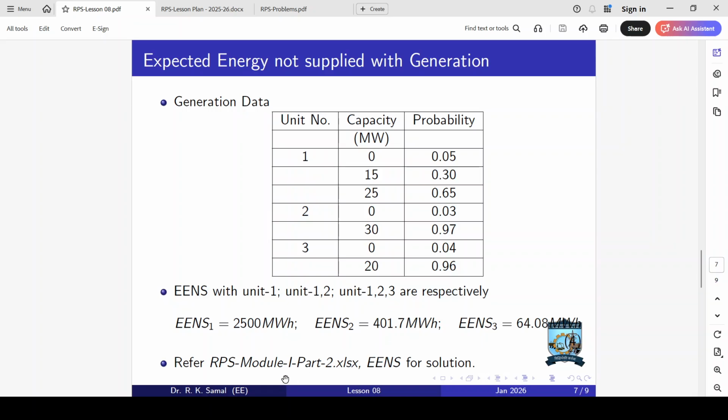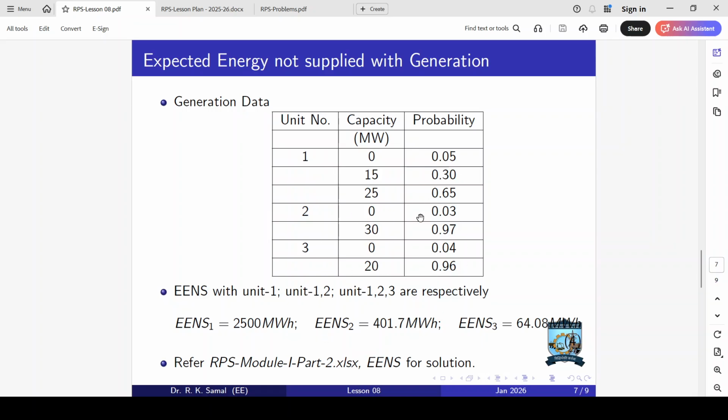You refer to this Excel sheet to understand the basics of how loss of energy outage indices are calculated, the loss of energy expectation calculation. Okay, and compute this manually.